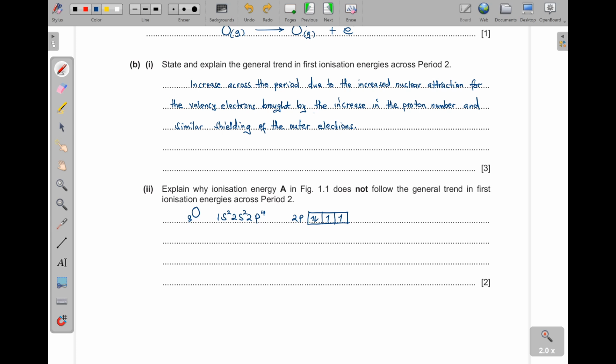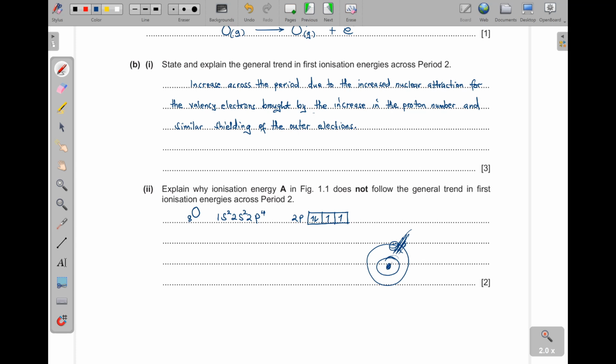That means there is going to be spin pair repulsion. And this spin pair repulsion is going to reduce the attraction, okay? So there are these 2 electrons which are together in here. They keep on repelling, so this one is far away, as if the radius keeps on increasing.